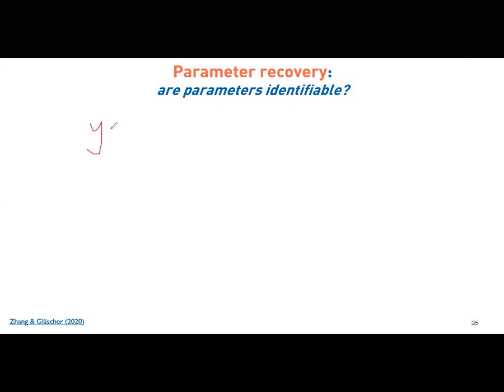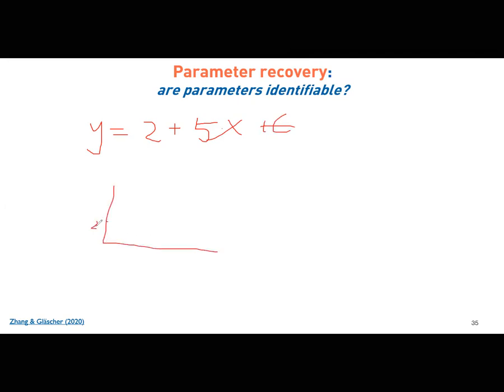Say I have a regression model, y equals 2 plus 5x, with some noise, for example. So then the data will be something like this. Those are the data simulated from this line.